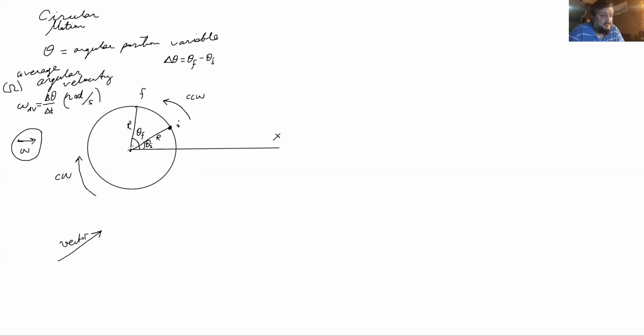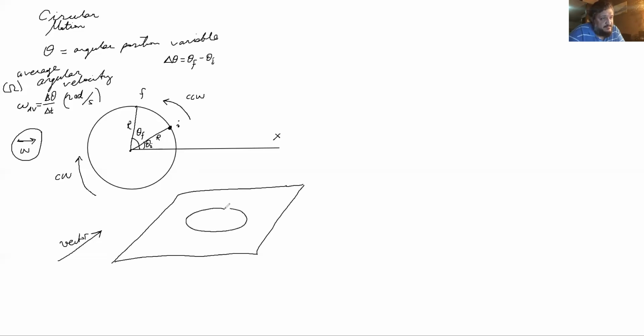So why don't I try to draw this in 3D? You have a plane here, which could be a sheet of paper, and this circle will be on that plane. Now using perspective, I can draw it like this. And looking from above, it is a counterclockwise rotation, let's say. I'll put that arrow here.